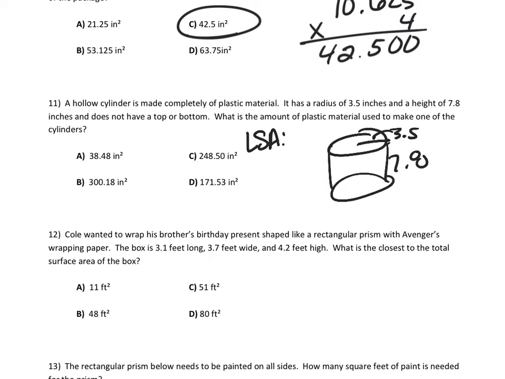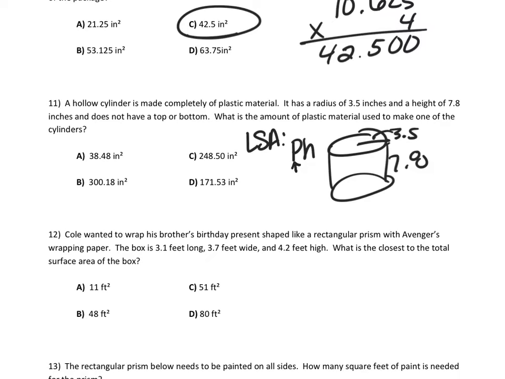Okay, so lateral is perimeter times height. Now, on a cylinder, what's the base? A circle, right? So can you do the perimeter? You're going to do what for a circle? Circumference, okay? It tells you, actually, you don't even have to use this formula, I'm sorry.